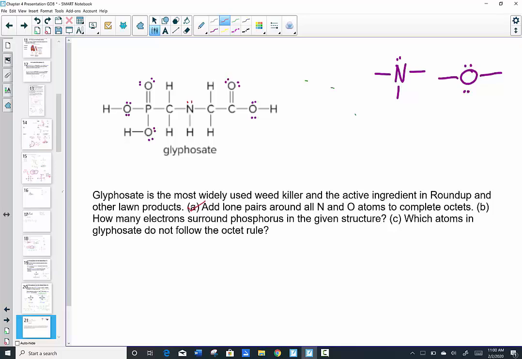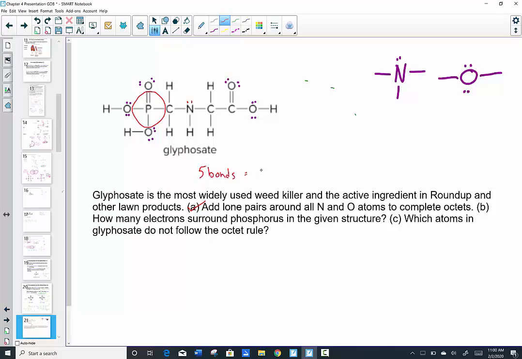Done. Letter B. How many electrons surround phosphorus in the given structure? Well, here's phosphorus, and I'm going to just encircle all of the electrons around the atom. How many bonds? 1, 2, 3, 4, 5 bonds.